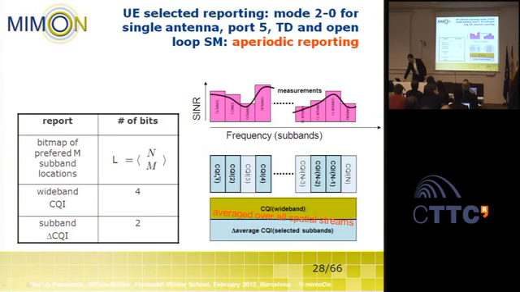So basically, the user equipment selects L out of these N subbands and reports, first of all, the location with a bitmap that is signaled to the base station, along with the average CQI value, the average channel quality if all subchannels were used, not only the selected ones, and a differential quality measure if only the selected subbands are used for transmission. This gives the base station some information about the preferred resources on which the user equipment can be scheduled.